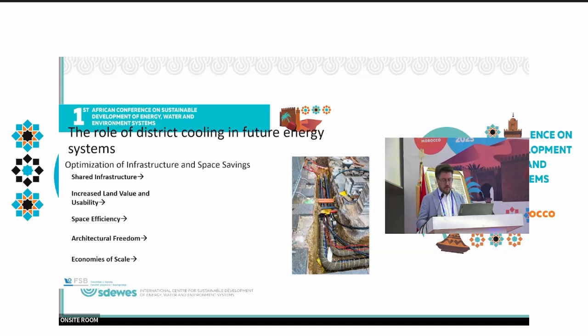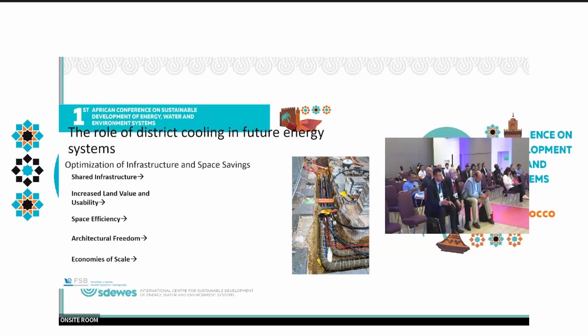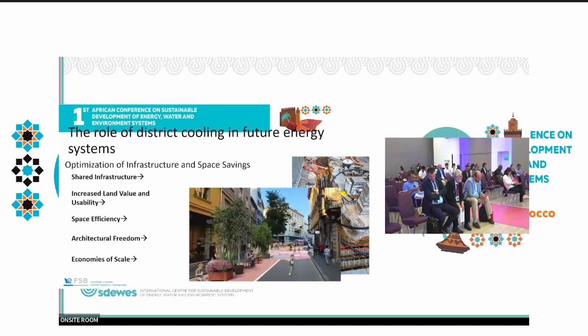Okay, maybe to summarize. When it comes to optimization of infrastructure and space, we said shared infrastructure is very good if you have the possibility of common shared infrastructure pathways. Then you will consequently increase land value and usability, because saved space can be utilized for far more valuable activities.